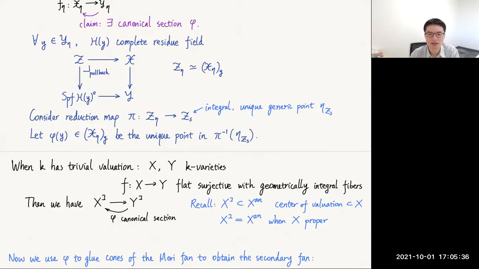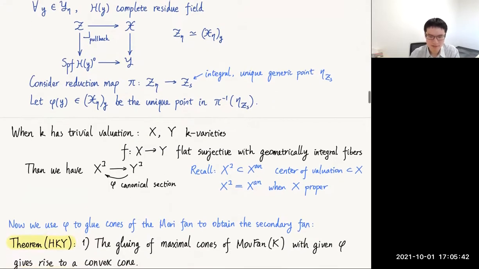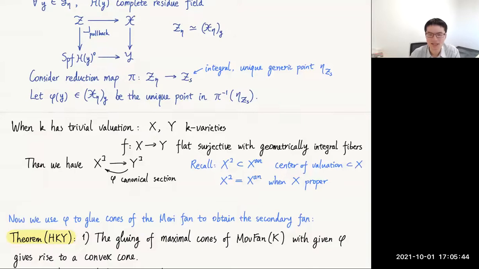Now, as I said, we use this canonical section phi to glue cones of the Mori fan to obtain the secondary fan. The first thing that we checked is that if we glue, we actually get convex cones, because we cannot glue arbitrarily.